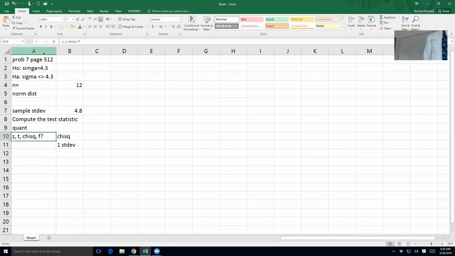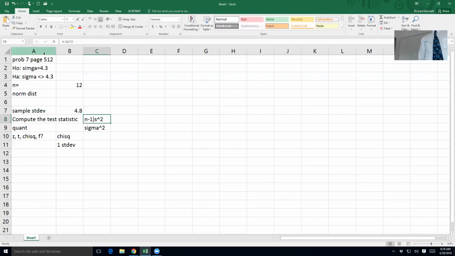Okay, so if I'm answering that question, what's the equation that I'm going to be using? N minus 1 times s squared divided by sigma squared.